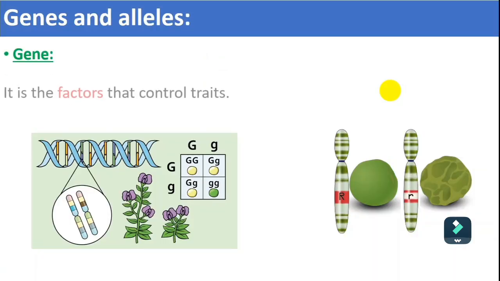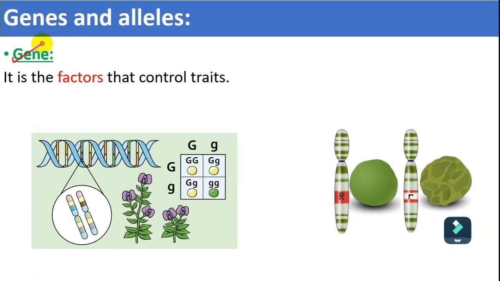So what is the gene? Gene is the factor that controls traits. Meaning that if the gene is present, this means that the trait appears.